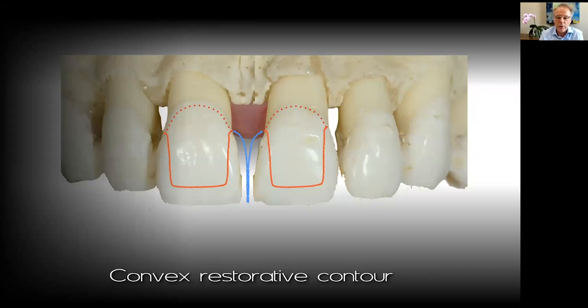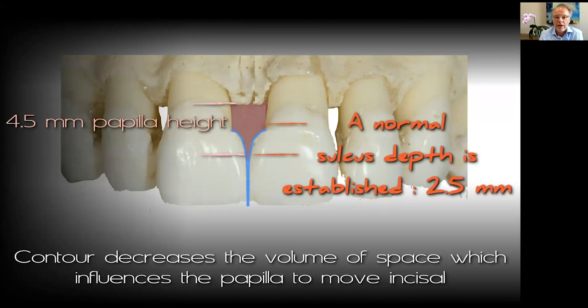But in general, we want to provide a convex restorative shape, because if I do that, I'm decreasing the volume of space, and that allows the papilla to creep incisally. It influences the papilla, so it's going to get close to the norm.